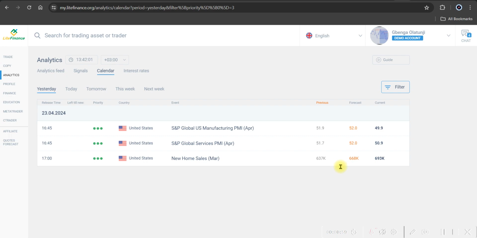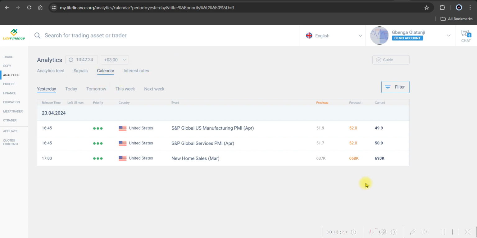So that is how it is. So this is how you check for your fundamentals on our Life Finance website under your own profile when you log in. So it is very easy to navigate through our website and check for your fundamentals.